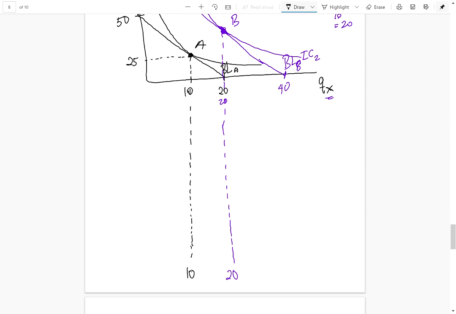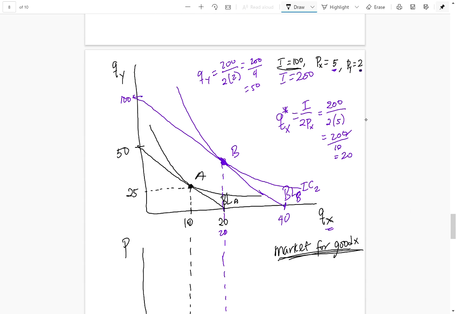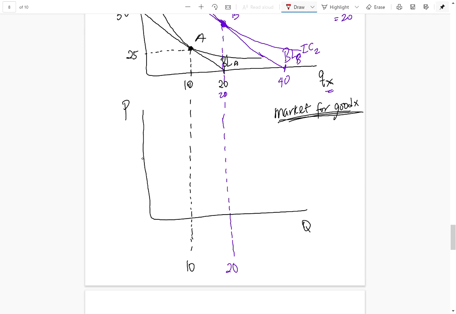So this is 10, and here we have P and Q for the demand. This is the market for good X. Now note that the price of X didn't actually change, right? So the price of X stayed the same at $5.